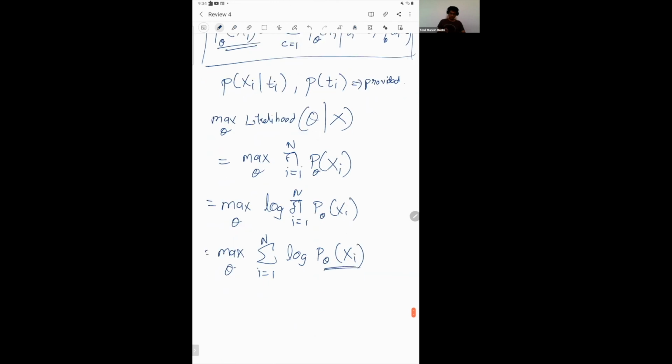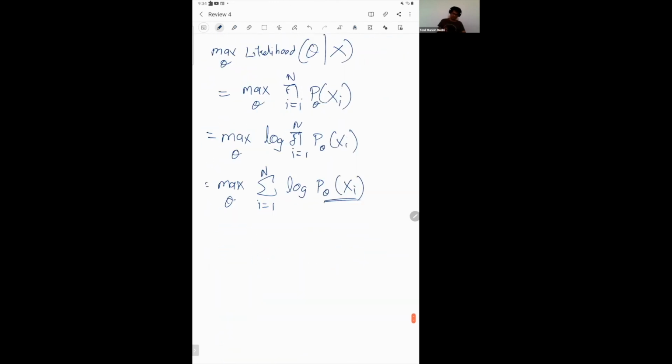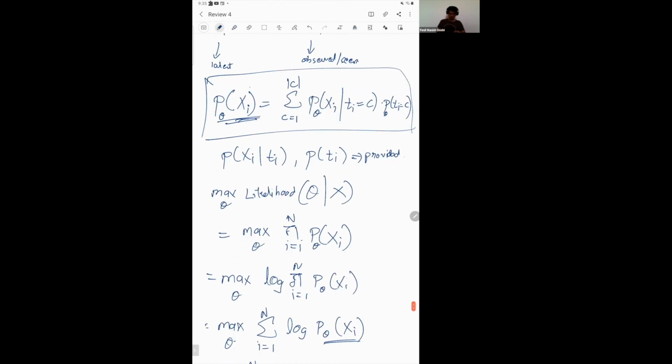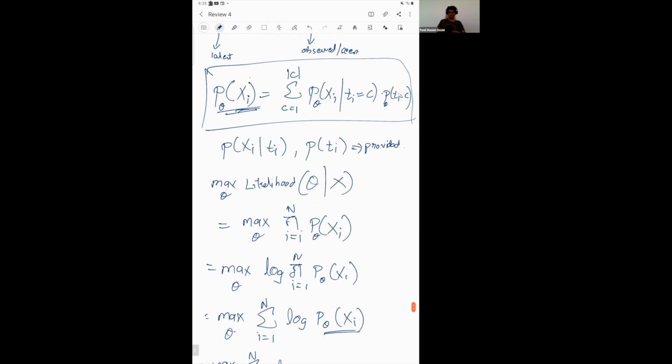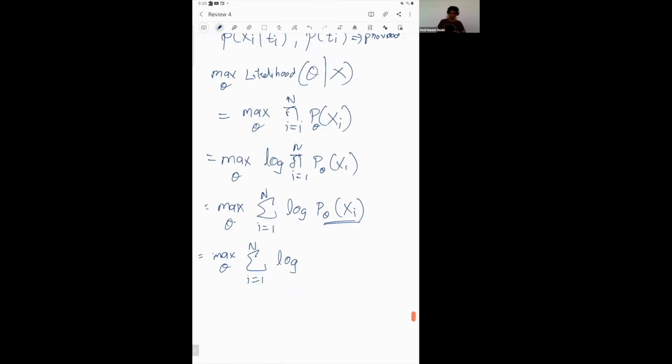We know p theta of xi is this, so this becomes maximizing over theta. When I'm writing summation, please bear in mind I'm doing it for the discrete case, but if T is a continuous latent random variable, we would do integration here.